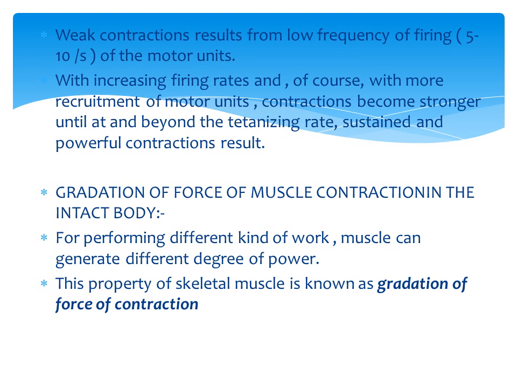Now the algebraic summation occurs, the individual variations are evened out and a smooth contraction results. The degree to which the motor neurons discharge asynchronously is related both to the force and duration of contraction.